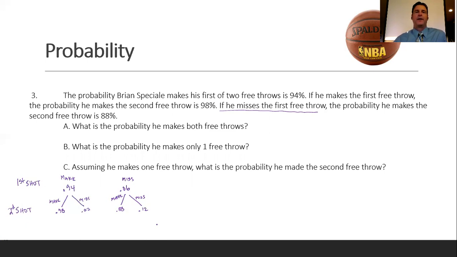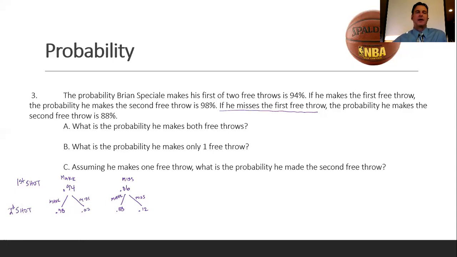All right. Now, before we move further, here's what I want you to do. We've set this up very well. I want you to take a moment and pause this, and do some calculations. You're going to multiply through this tree diagram just like we typically would. So for example, multiplying 0.94 by 0.98 would be the probability of actually making both free throws.